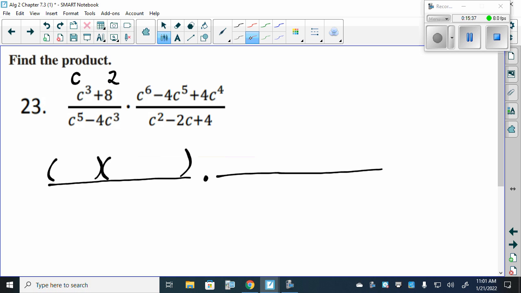For the sum and difference of perfect cubes, our signs would be the same, opposite, always end on a positive note. So to match it, we would have plus, minus for opposite, and always end on a positive note. So plus, minus, plus. Our first set of terms would be with c, so we'd have c.